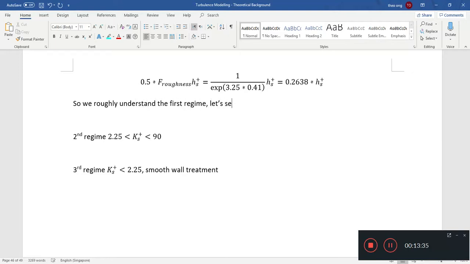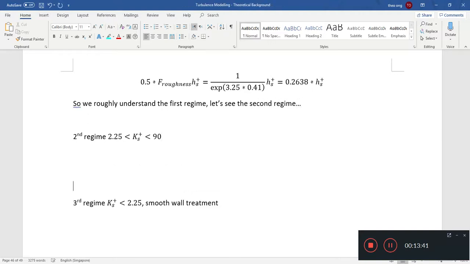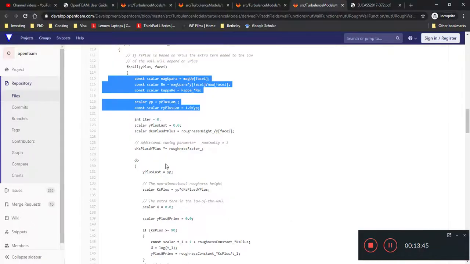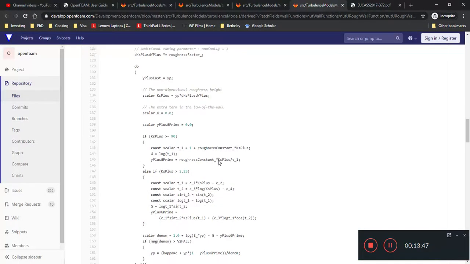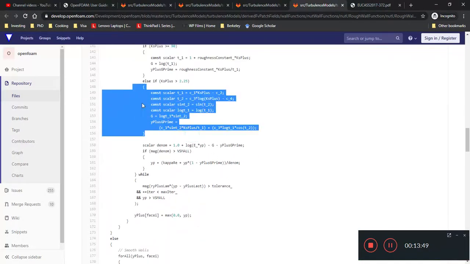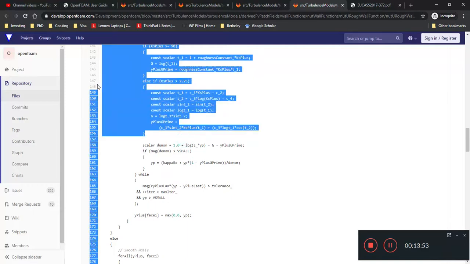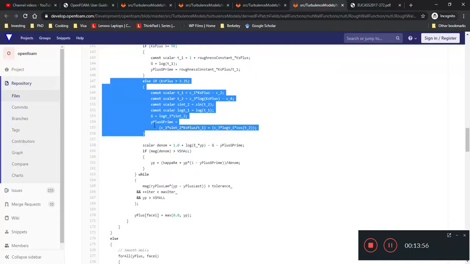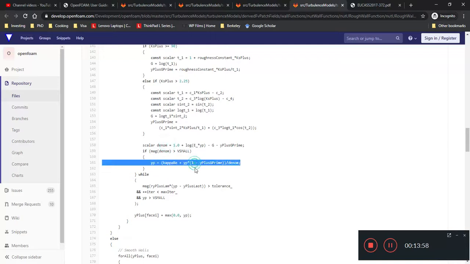Let's see the second regime. Okay, so this is the second regime, over here. All right, so this one looks a little bit more scary, but it's just a different way of defining this y plus g prime, right?